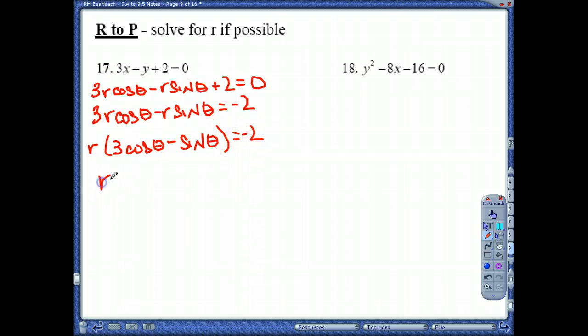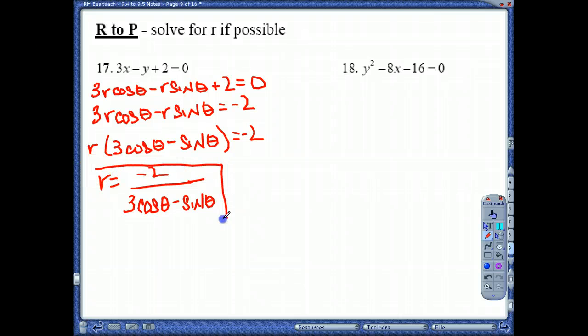And then divide by what we have, multiplying our r. Okay, so I did solve it for r. It's in polar form. Nice.